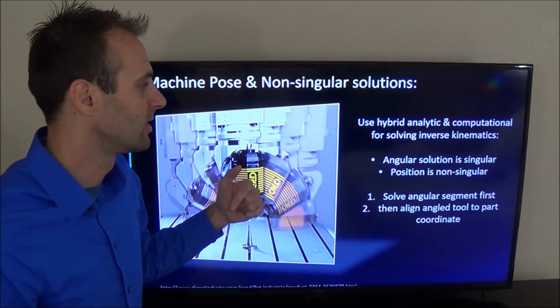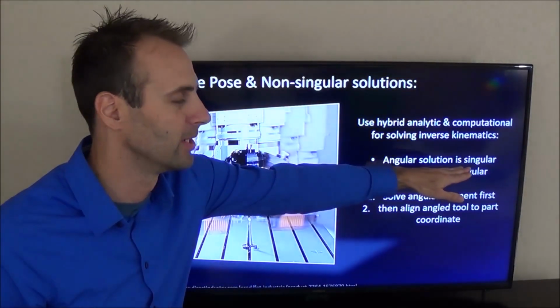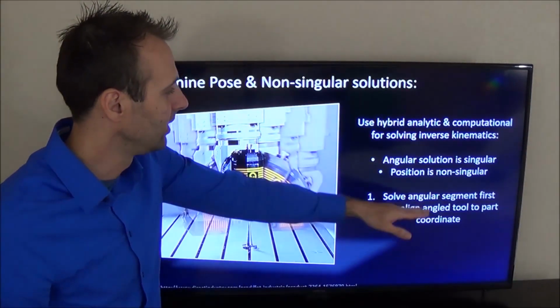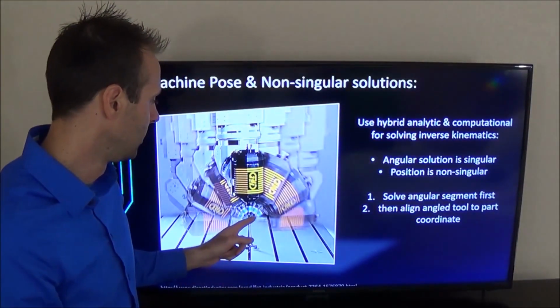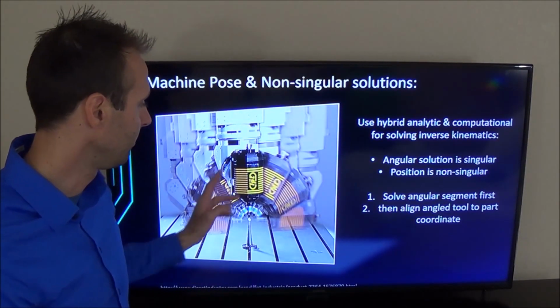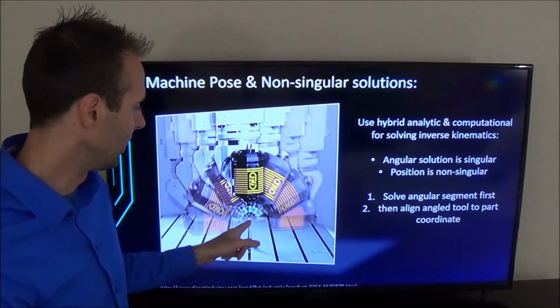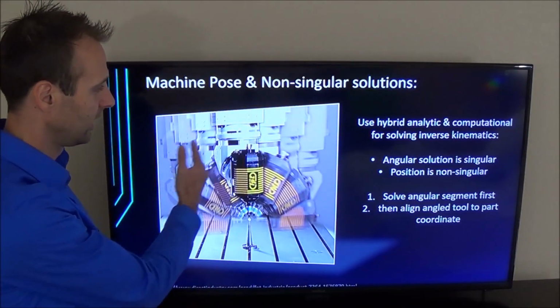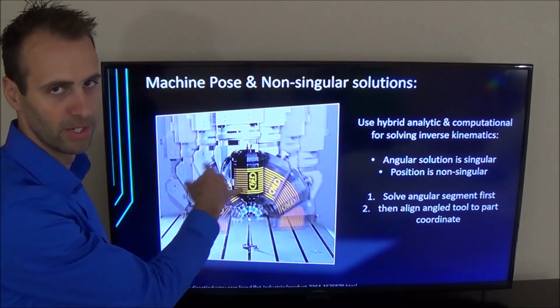So what that means mathematically is the angular solution is singular, there's only one angle that I want to be at, but my position solution is non-singular. There are many positions that will align this depending on my orientation. So you can see that the gantry has to move to bring this over, right?